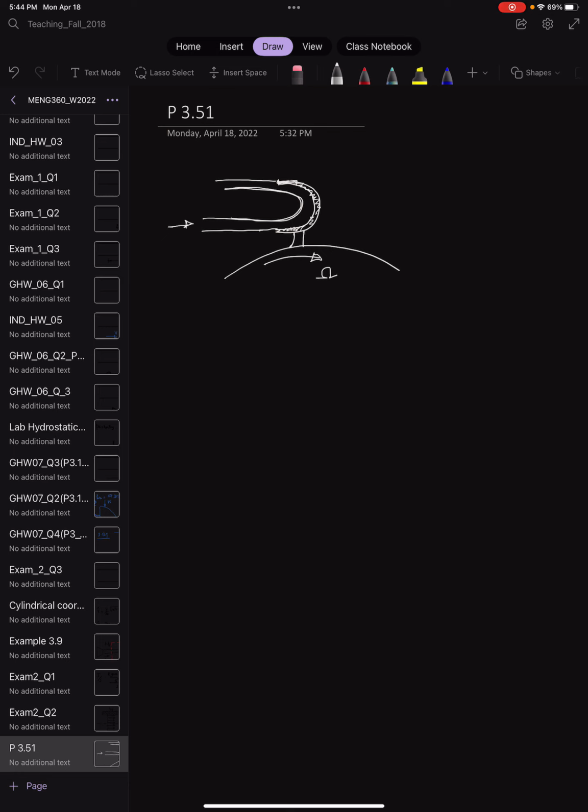The first thing here is to find the power delivered to this wheel. So we need to find the power.